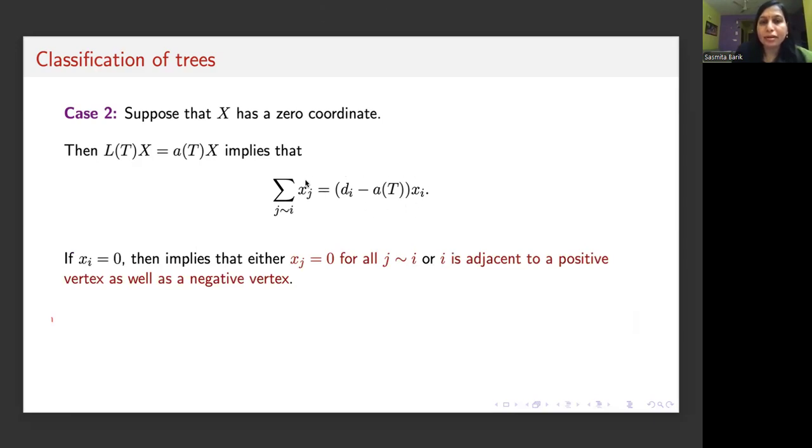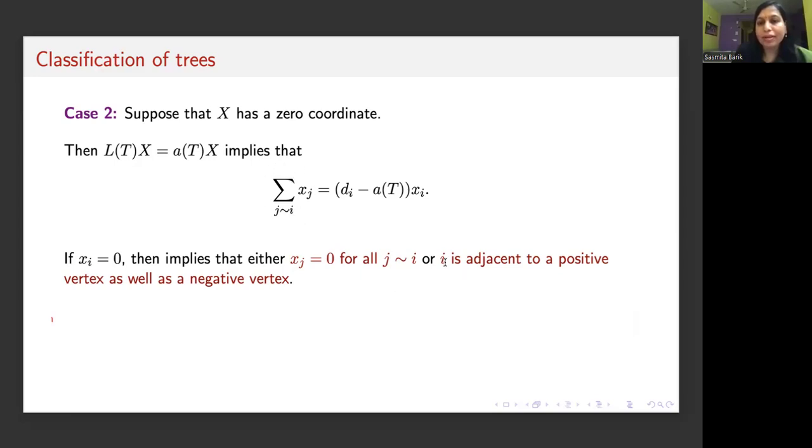That tells that this sum is 0, meaning for the vertices which are adjacent to i, if I add all the coefficients x_j, that gives you 0. This sum can be 0 if all x_j for which j is adjacent to i are 0.